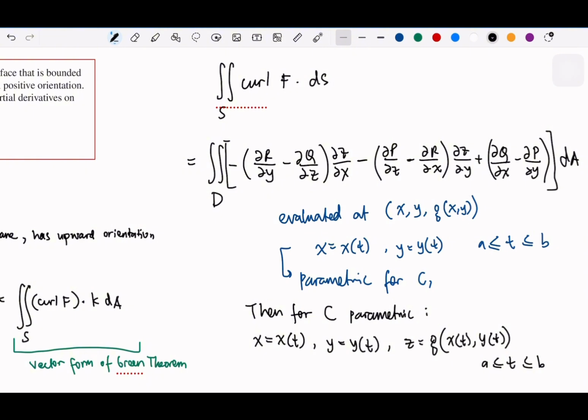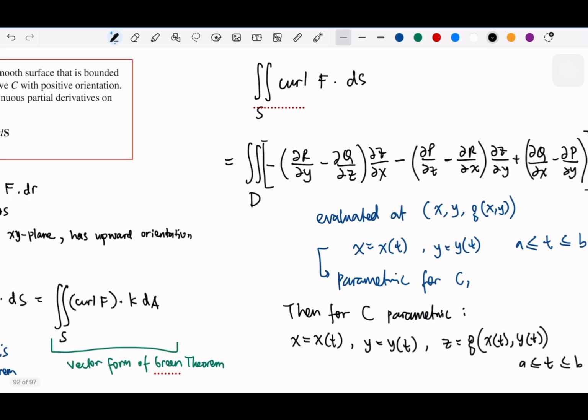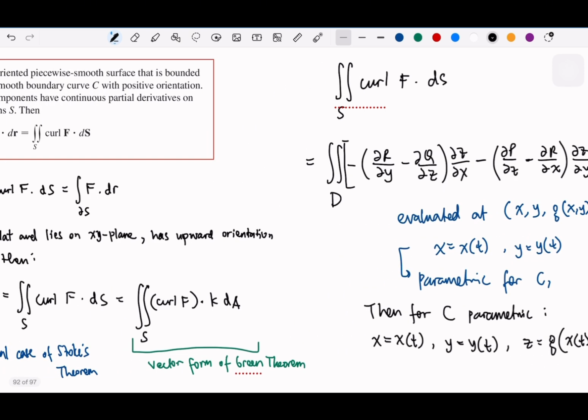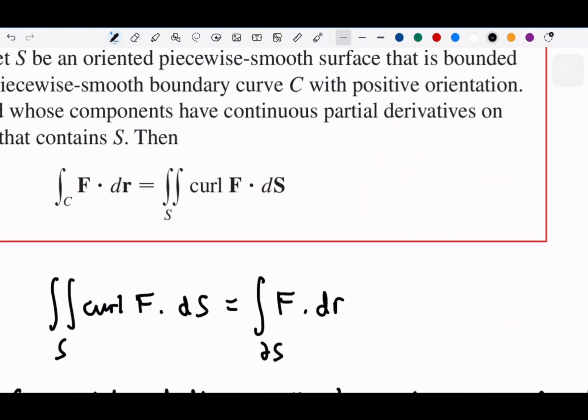Now our goal is to take the definition of the curl F dot dS, which we have as a double integral with respect to the region D, area D, and then focus on the left side of the equation, which is the F dot dr. So basically, we are going to prove that the right side is equal to the left side.